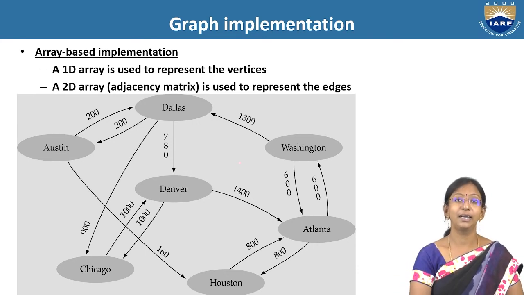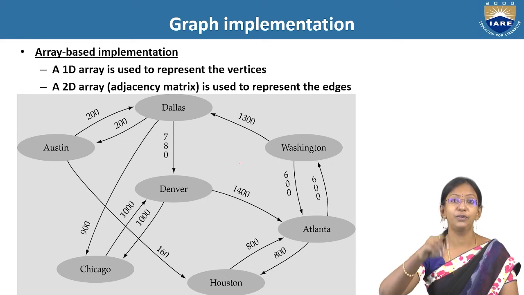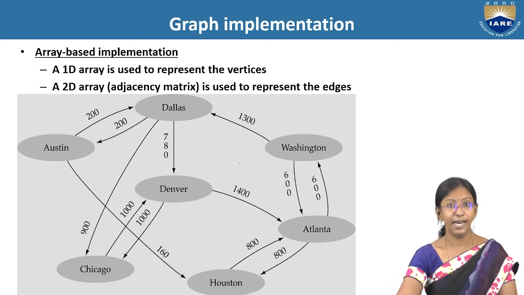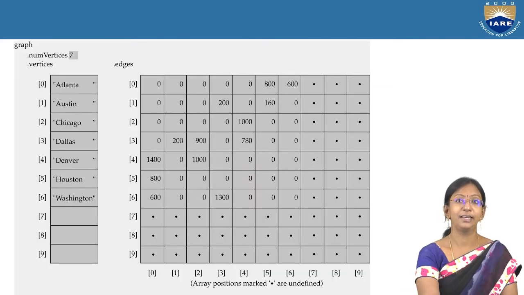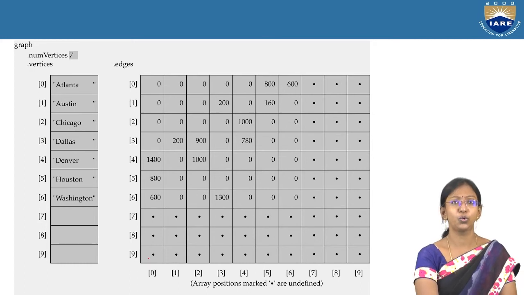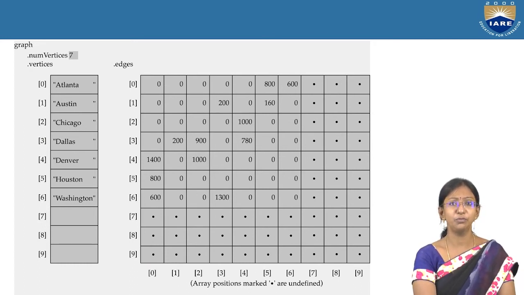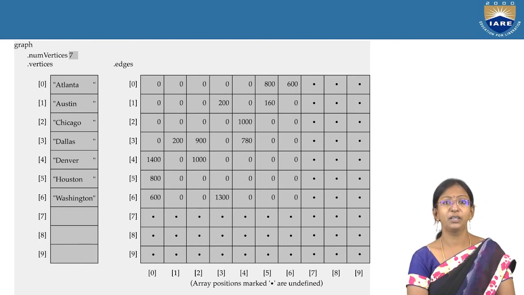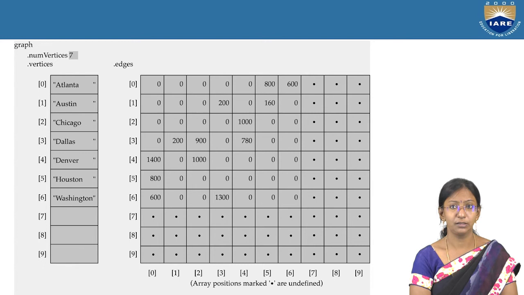And you can see that it is a weighted directed graph. You can see the weight on the head of the edges, right? In this representation, as I said, the one dimensional array is used to store the vertices, where I have mentioned the names of the cities, whereas the two dimensional one is used to store the weights.